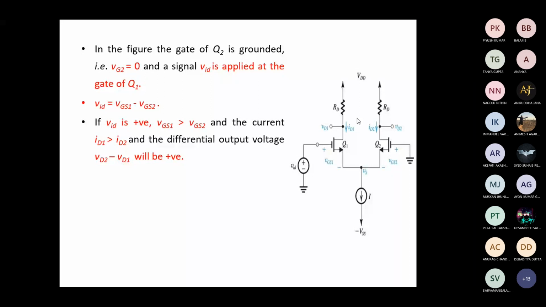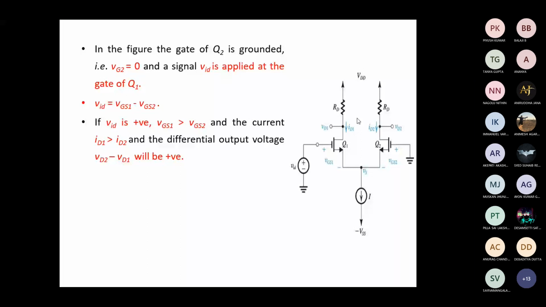And ID1 and ID2 are 7 milliamps and 3 milliamps. Or you can even take some minimal value for RD just for manipulation. You can even take 2 kilo ohms otherwise.